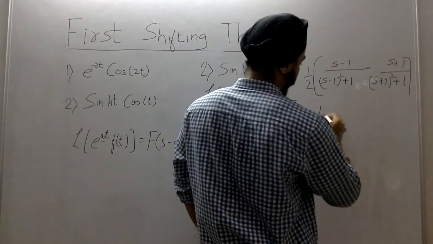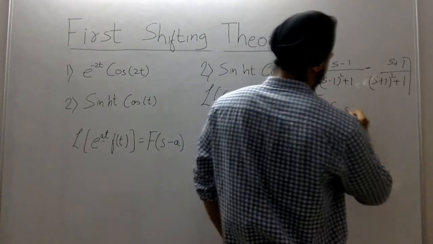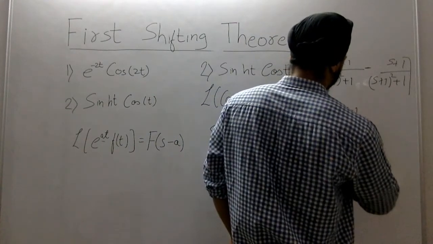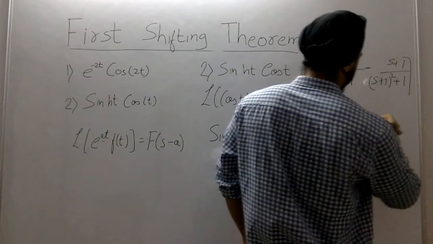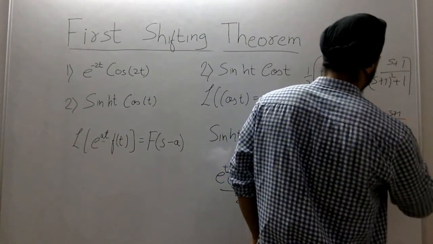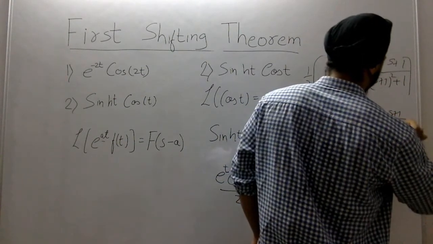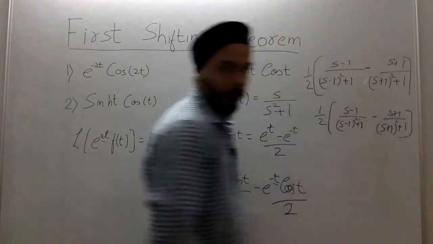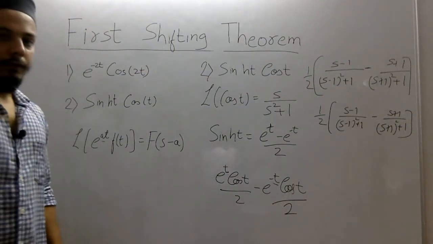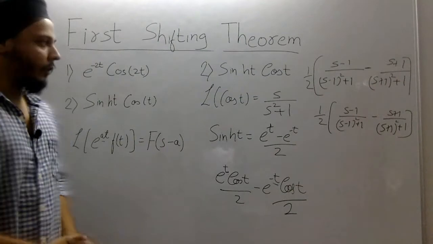So the Laplace transformation will be 1 by 2 times [(s minus 1) over (s minus 1) square plus 1 minus (s plus 1) over (s plus 1) square plus 1]. Hope you all got both the results.